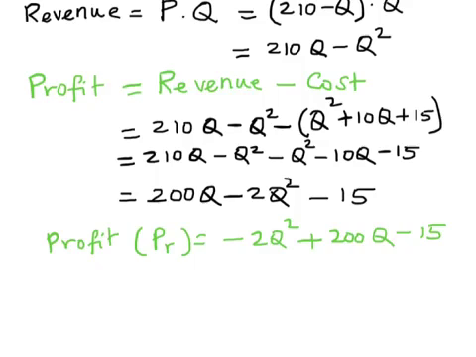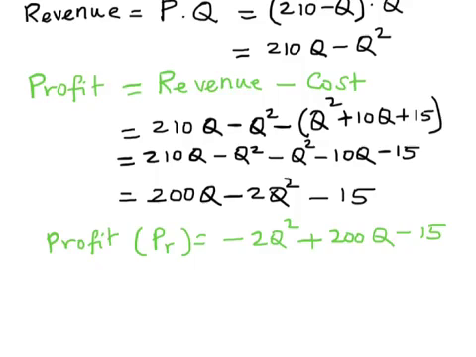Okay, now that is the profit, and we want to find Q that would give us the maximum profit. Let us understand this profit curve, how it will look. Let's explore that a little bit.